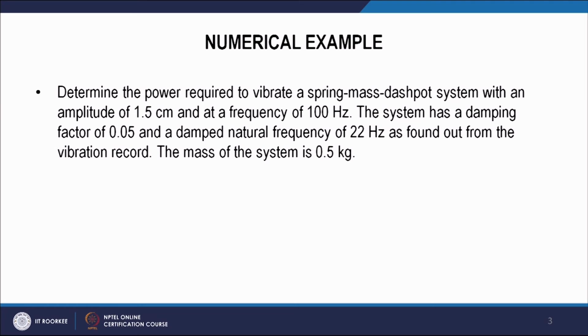The system has a damping factor of 0.05 and a damped natural frequency of 22 Hertz as found out from the vibration record. The mass of the system is 0.5 kg.